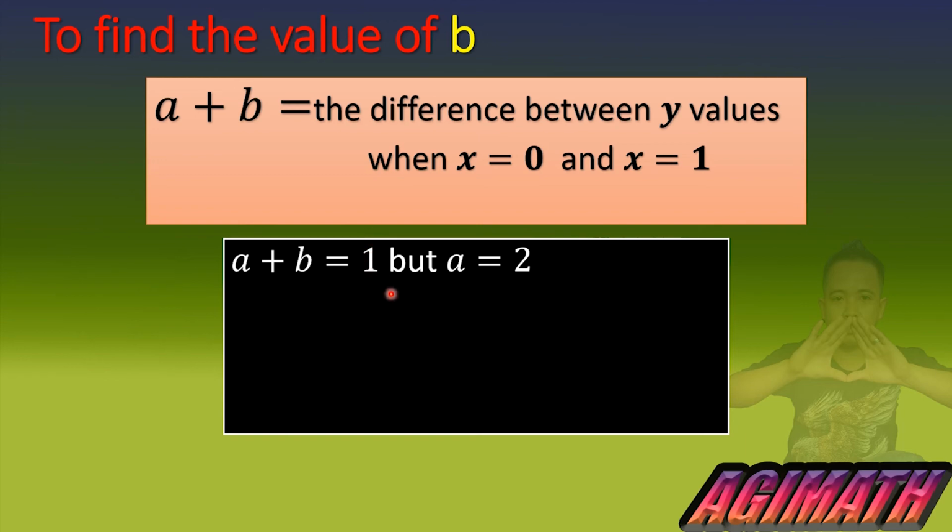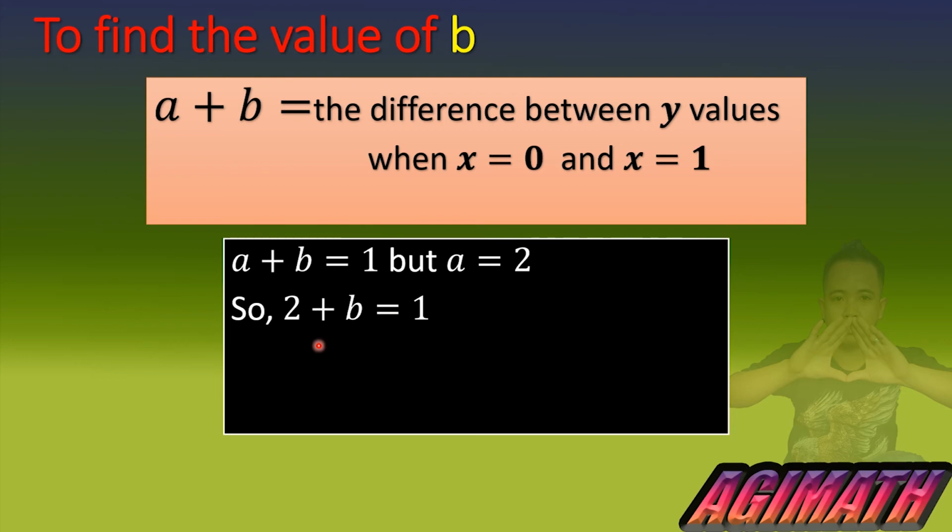And again, where did we get 1? We get 1 as the difference between y values when x equals 0 and x equals 1 as shown in the table. But earlier, we already know that the value of a is equal to 2. So we can substitute 2 for a, so that will become 2 plus b is equal to 1. And the rest is history.